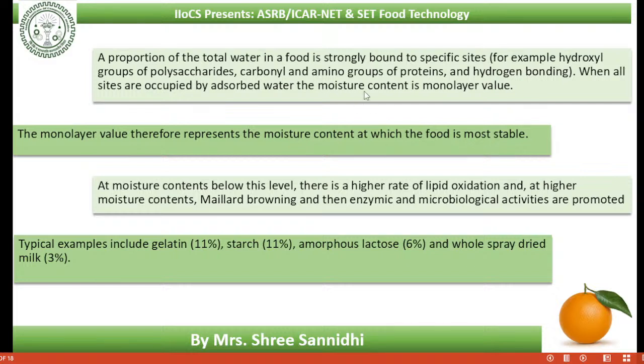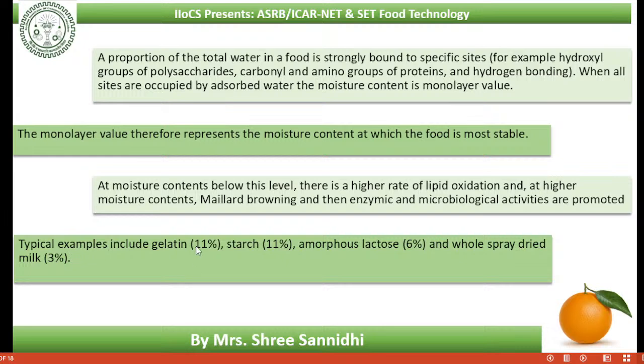If we know the monolayer value, then we can understand at which moisture content level the food will be more stable. At moisture contents below this level, there is a higher rate of lipid oxidation, and at higher moisture contents, Maillard browning and then enzymatic and microbial activities are promoted. For example, in gelatin 11% moisture, starch 11%, amorphous lactose 6%, and whole spray dried milk 3%.